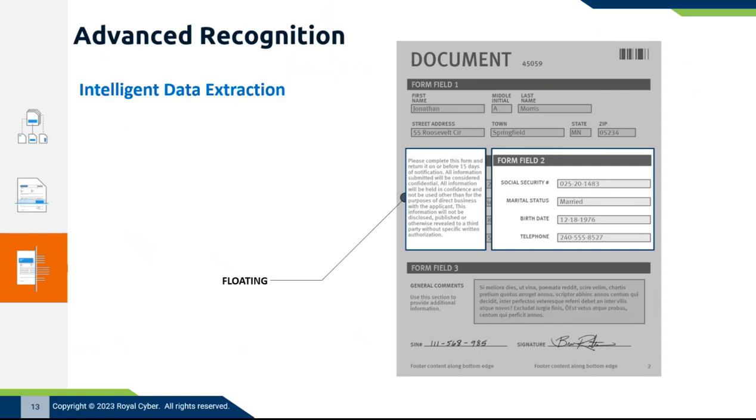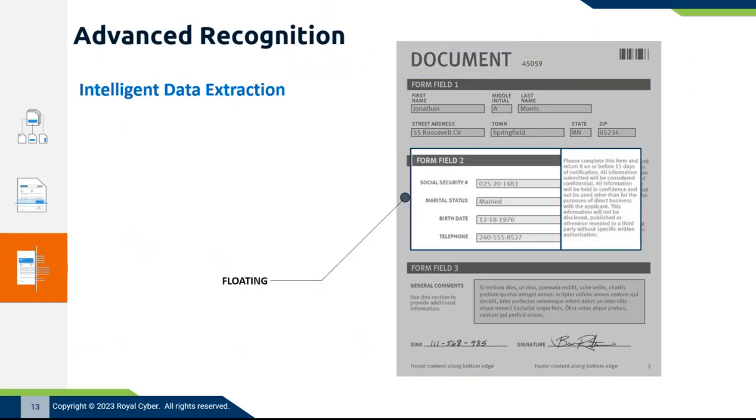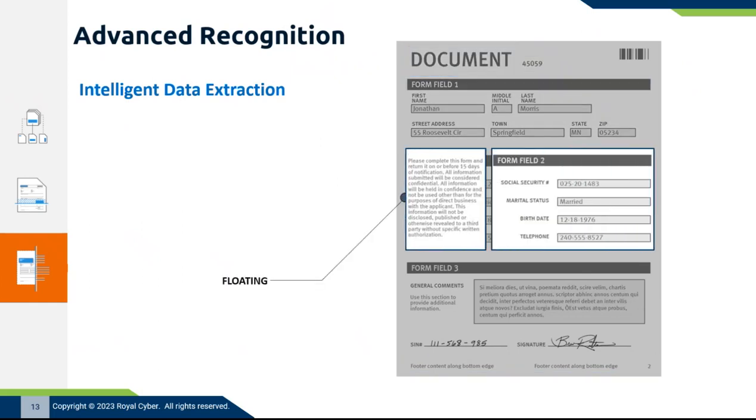I'll try to show you different types of extraction in this particular page. So this is called zonal extraction. This one is semi-structured document behavior, right, where the location of the data moves around the page. Earlier you saw that the data was on the left side, but now it moved to the right side because there's no standardized format, right?